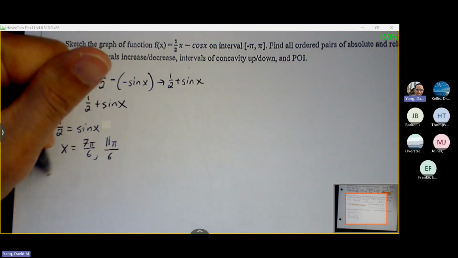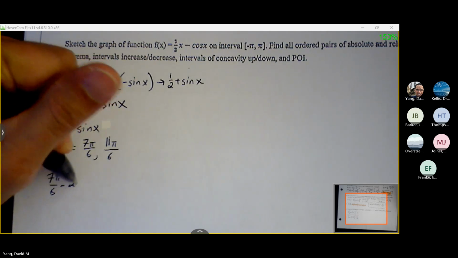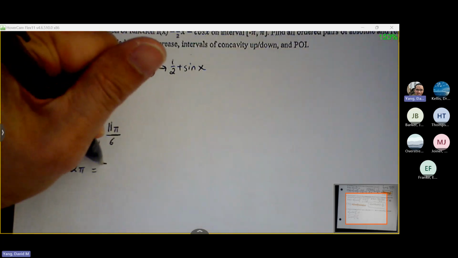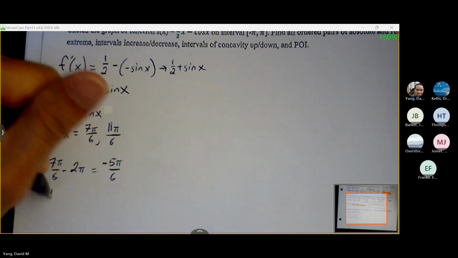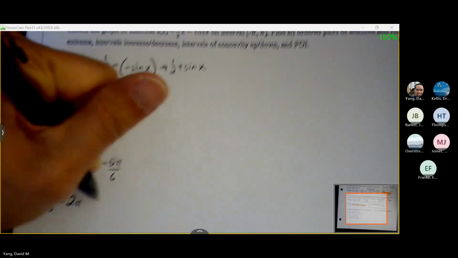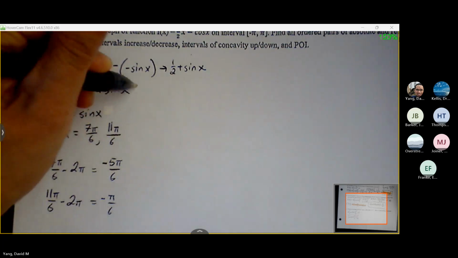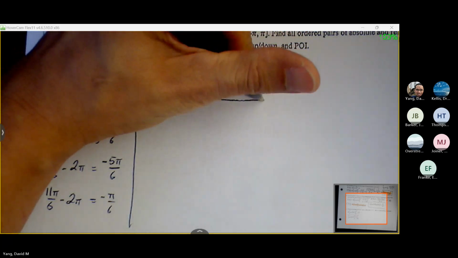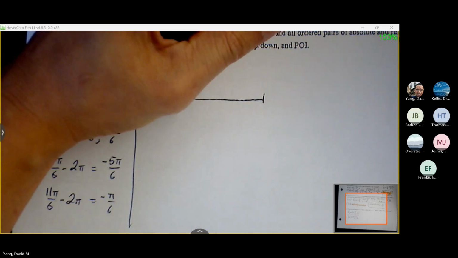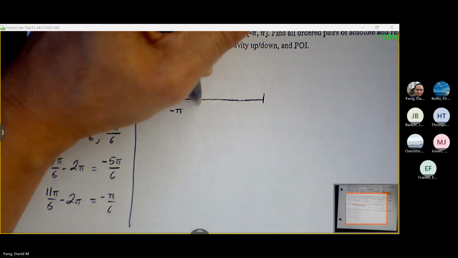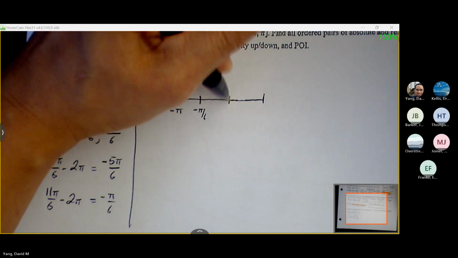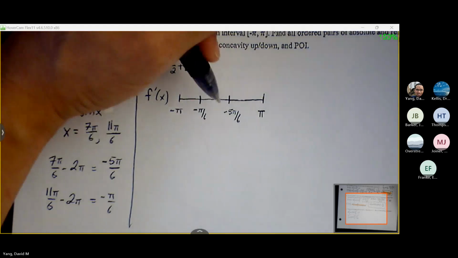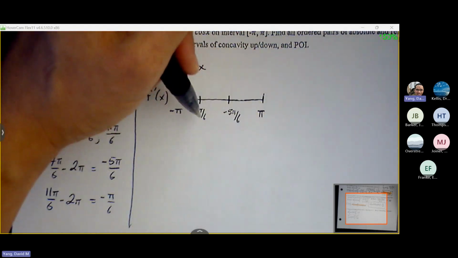We're going to find them by subtracting 2 pi, essentially minus 12 pi over 6. So we get negative 5 pi over 6 and negative pi over 6.